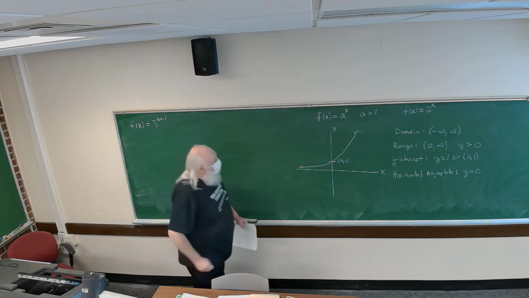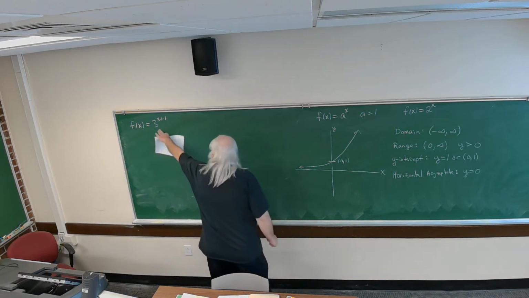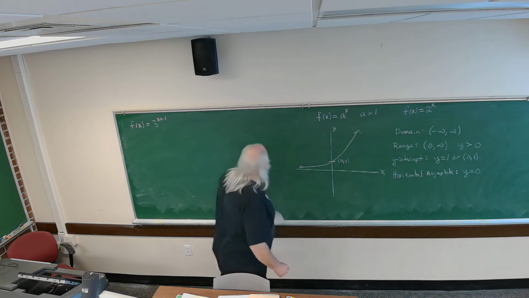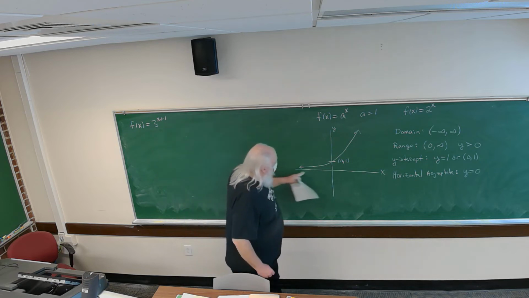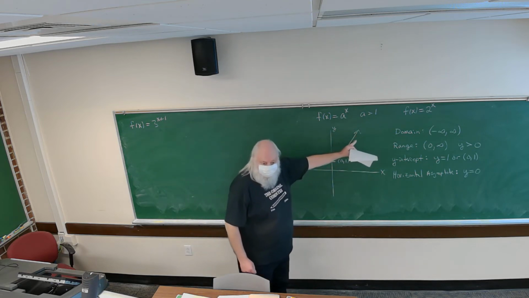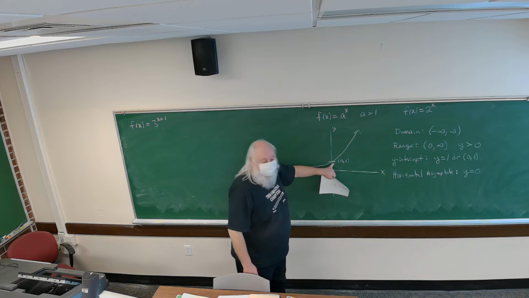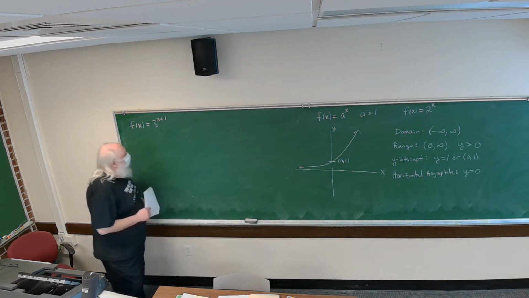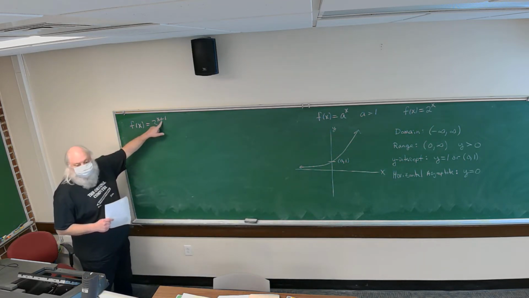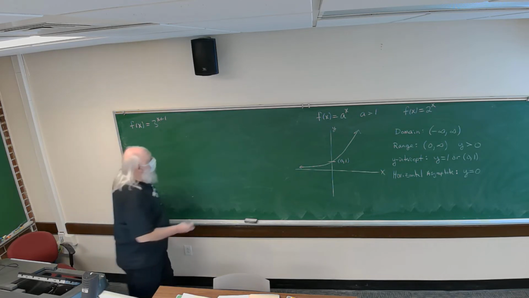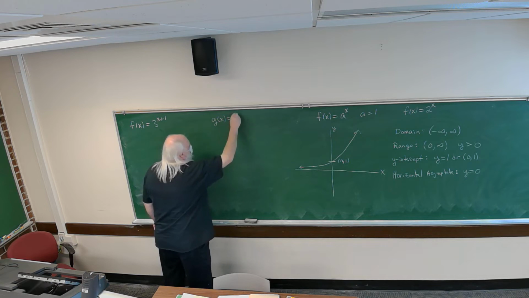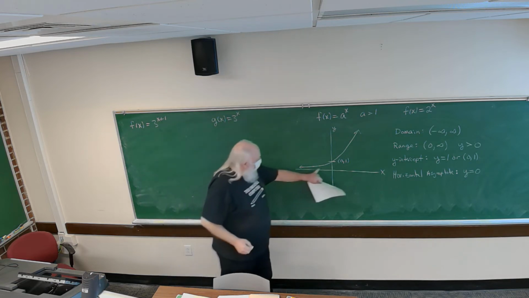We know the base 3 is greater than 1, so the graph of g of x equals 3 to the x is going to look similar to this graph and cross the y-axis here at 0, 1. But the difference is x is replaced with x plus 1. So we know that the graph of g of x equals 3 to the x is going to look like this graph.